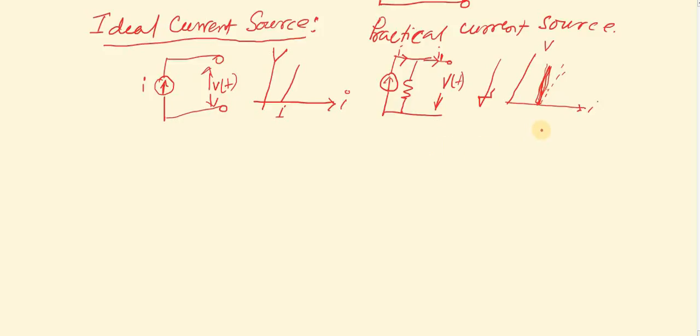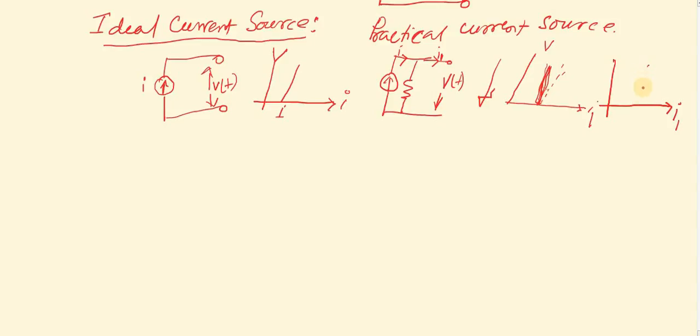So we can draw this again. Say this is the current, this current value is I1. So this is not I, this is I1.